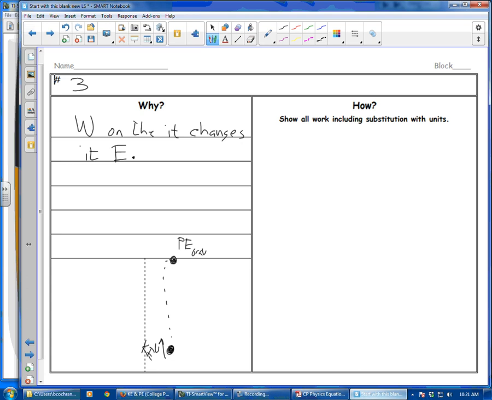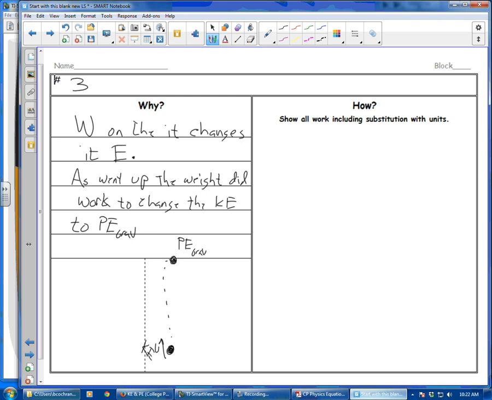So I would have that in my Y also. As it went up, the weight did work to change the KE to PE grav.